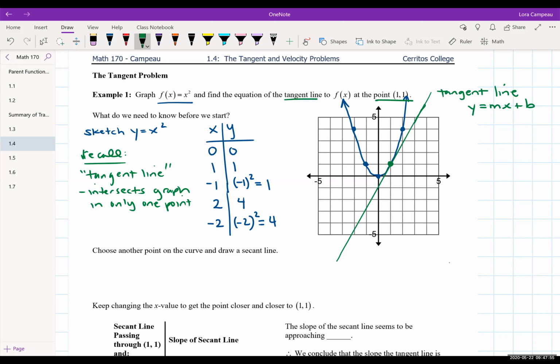So I'm going to develop this by bringing back a little bit of concept from 1.1 when we were talking about secant lines. So remember with secant lines, just to review, a secant line intersects the graph at 2 points.